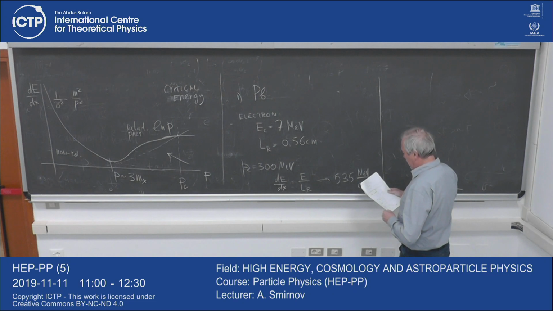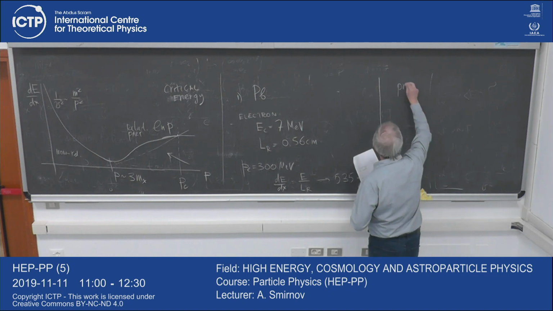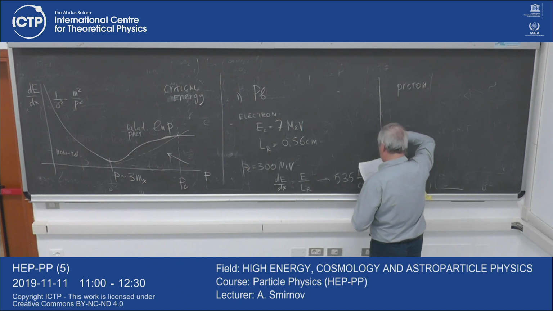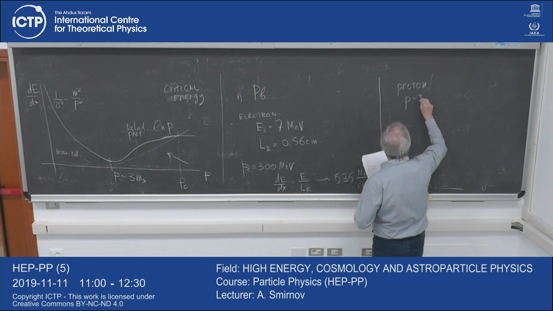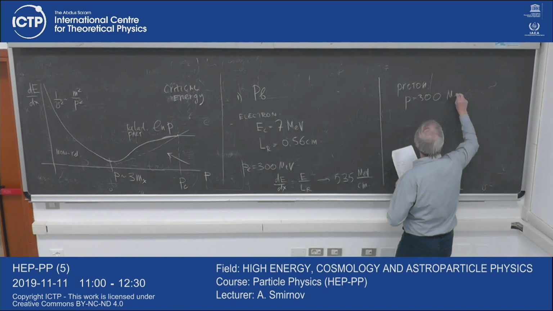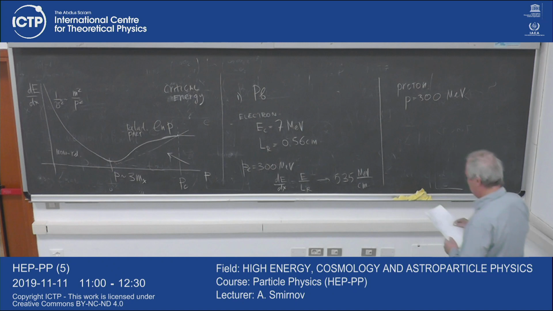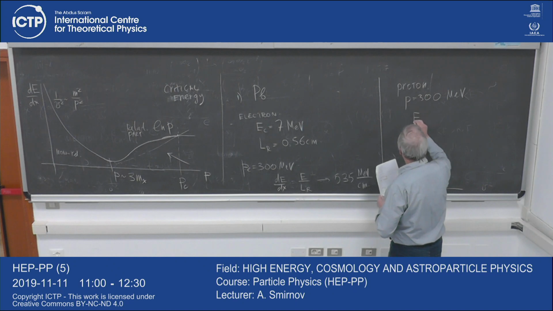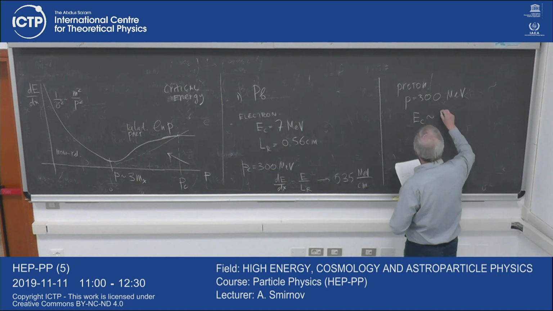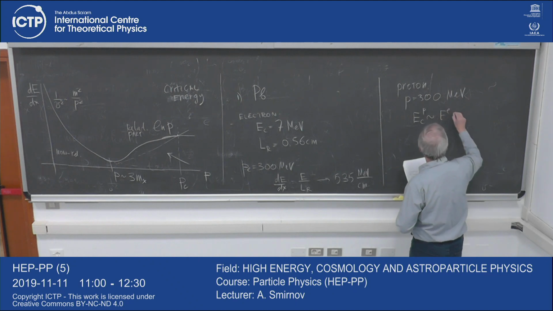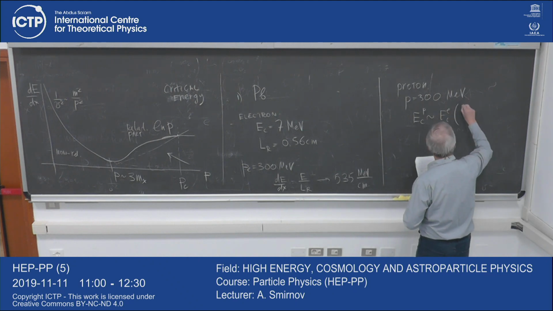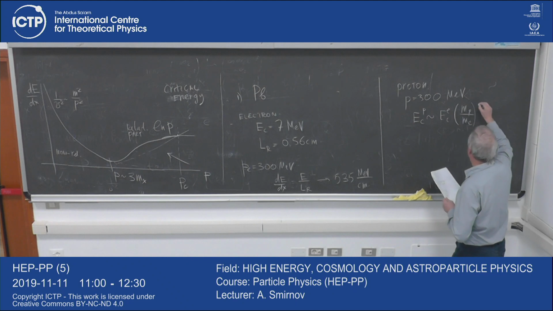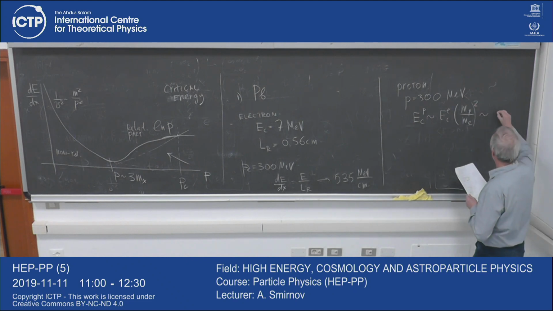Now for proton, again, let's take P equal to 300 MeV. It's non-relativistic, right? It's in this rising range. So we can find immediately that the critical energy is approximately given by the critical energy of the electron multiplied by the mass squared ratio of these particles, and you will get something like 3 × 10⁴ GeV.